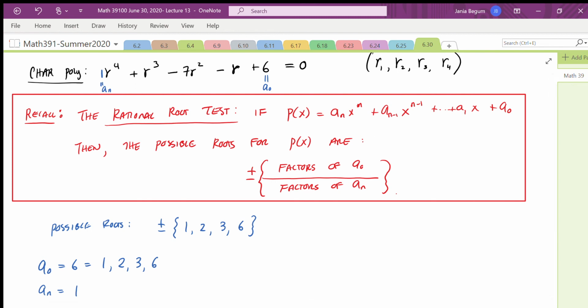But we have to test which of these are the true roots, if any. So how do we test if a value is a root? If you're trying to check if 1 is a root, then you would divide the polynomial by r minus 1.